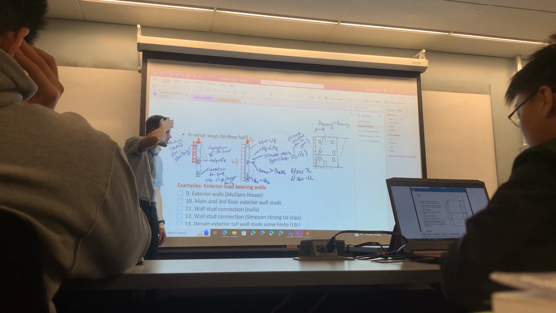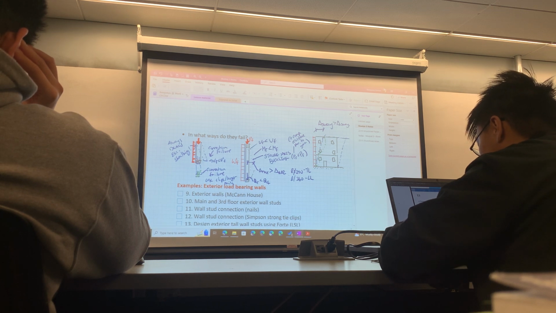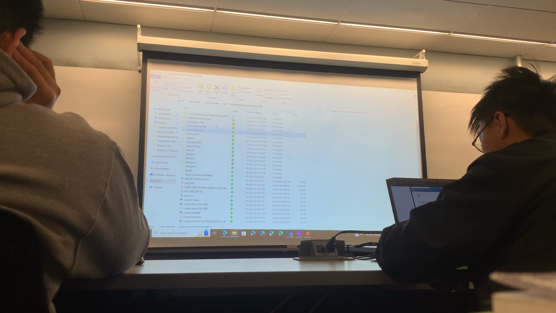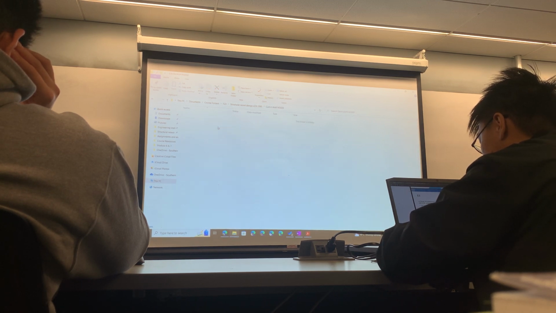So the difference with the tall walls, let's see if I can show you a tall wall photo. We'll see if we can get it. I like to do a tall wall example.